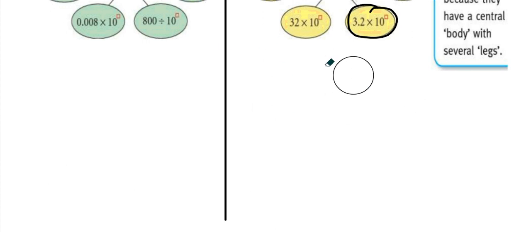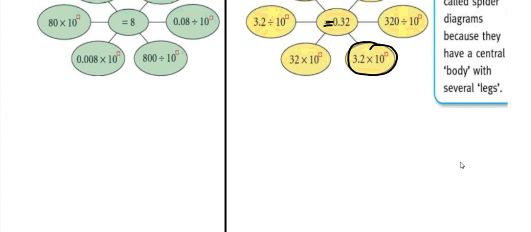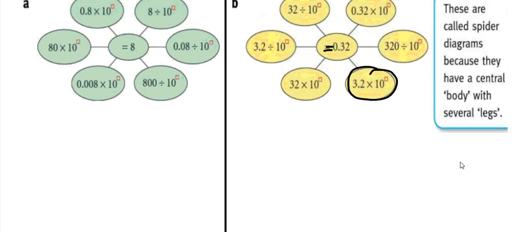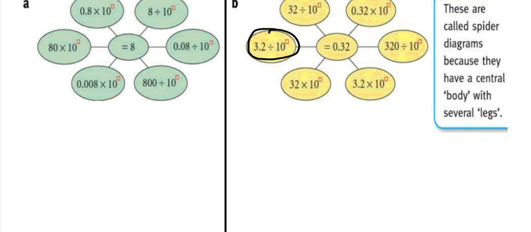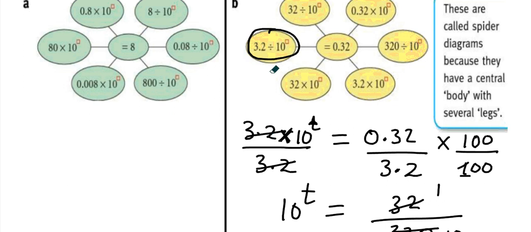Let me check, 1 minute. What have we finished? I'm confused somewhere. Okay, 3.2, I got negative 1 here. Cool. So how about 3.2 times, oh, this one was division.